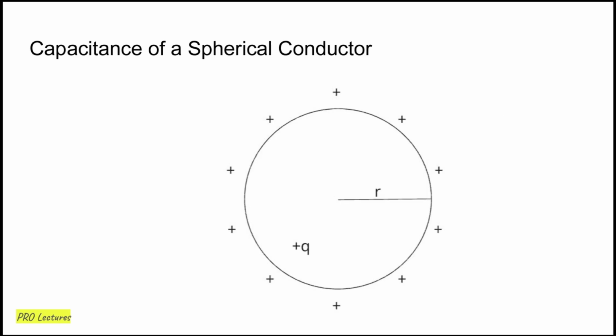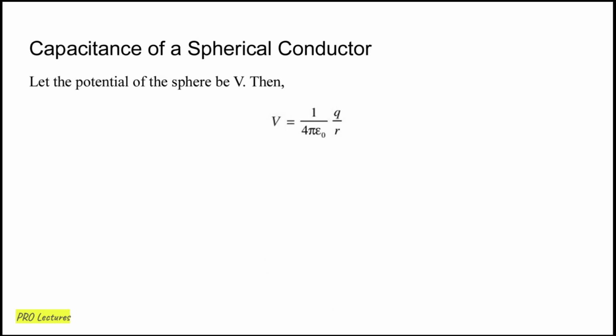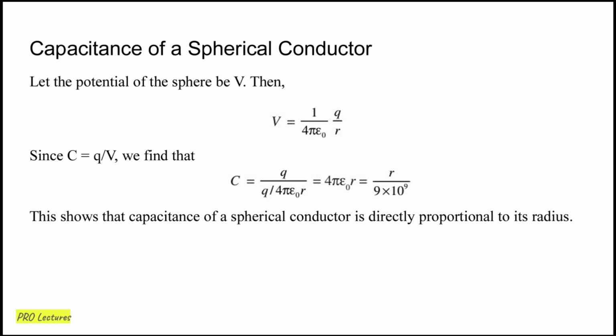Now let's look at how capacitance works for spherical conductors. Suppose we have a spherical conductor of radius r. We give it a charge q. The potential V of this sphere is related to its charge and radius. That is, we know that V is equal to 1 by 4 pi epsilon naught, Q by R. And C is equal to Q by V. Substituting this, we get C as 4 pi epsilon naught R, which can be written as R by 9 into 10 power 9.